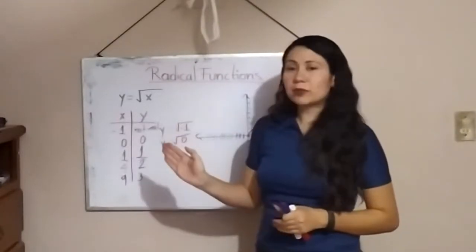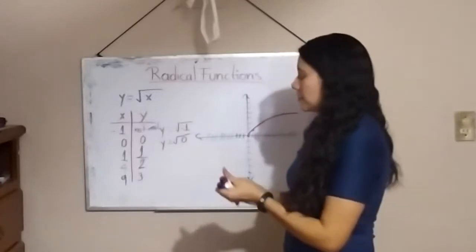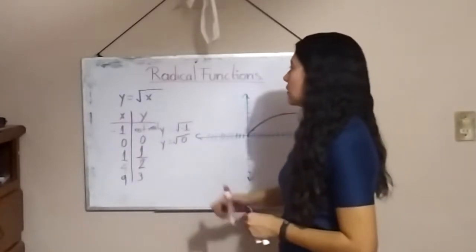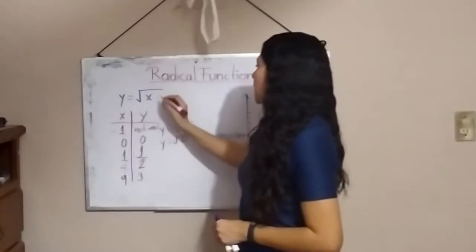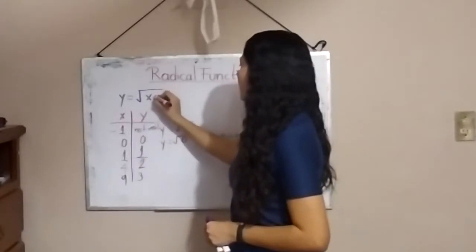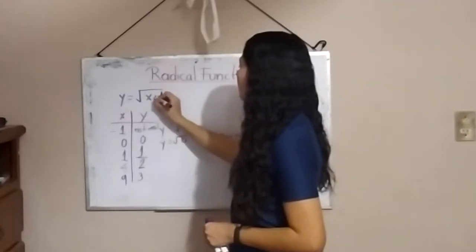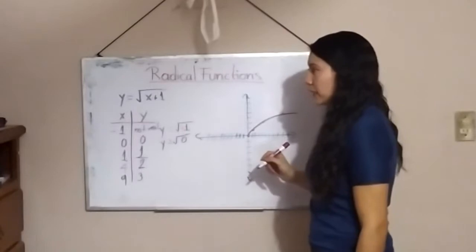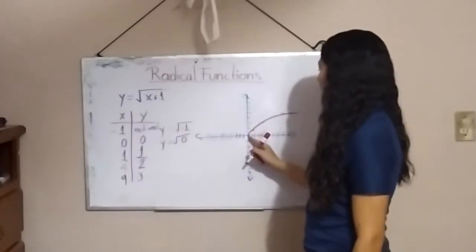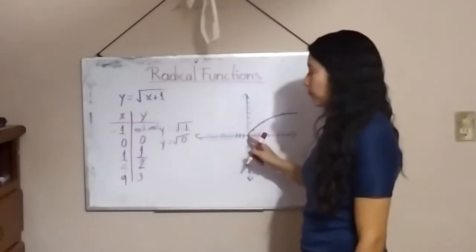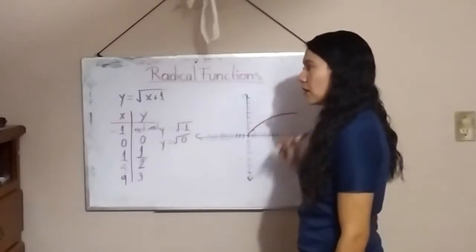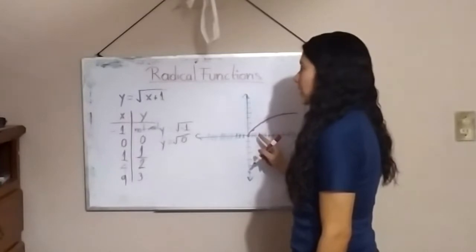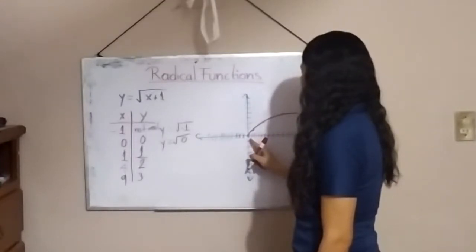Now, what is the input of a function? The input is what we place inside the radical. For example, if we add inside the radical a plus 1, we would be moving the graph of our function to the left, okay?